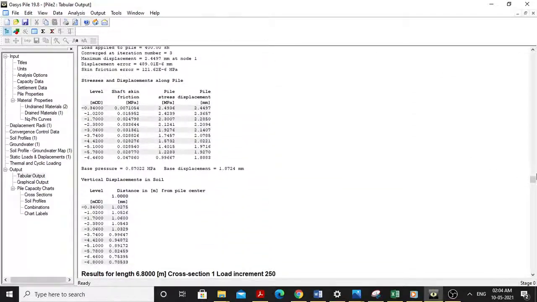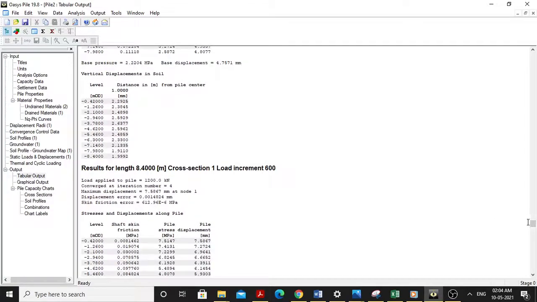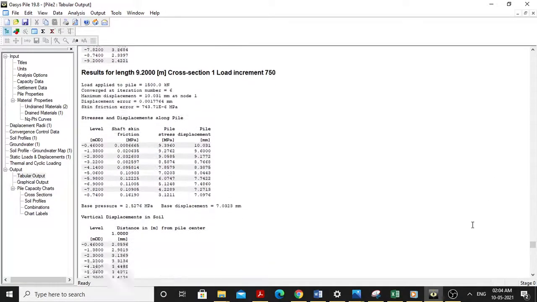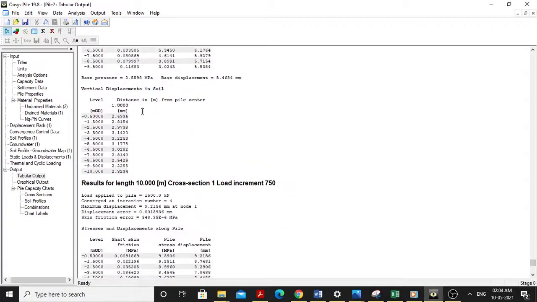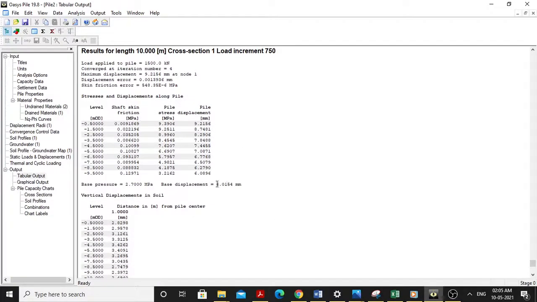6.8. See here the length is 10 meter. This is displacement, and this is the base pressure. On increment of load it will go on increasing.